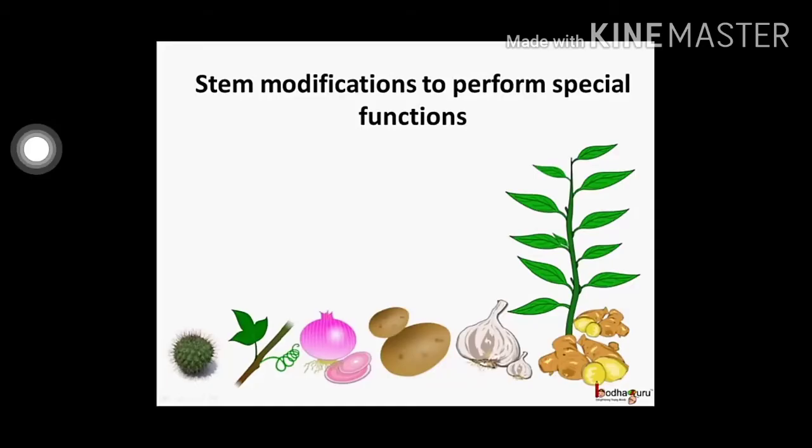Let us see the stem modifications which are there to perform special functions. What do we see here? Here we see tendrils. And what are these? Actually, these are modified stems.